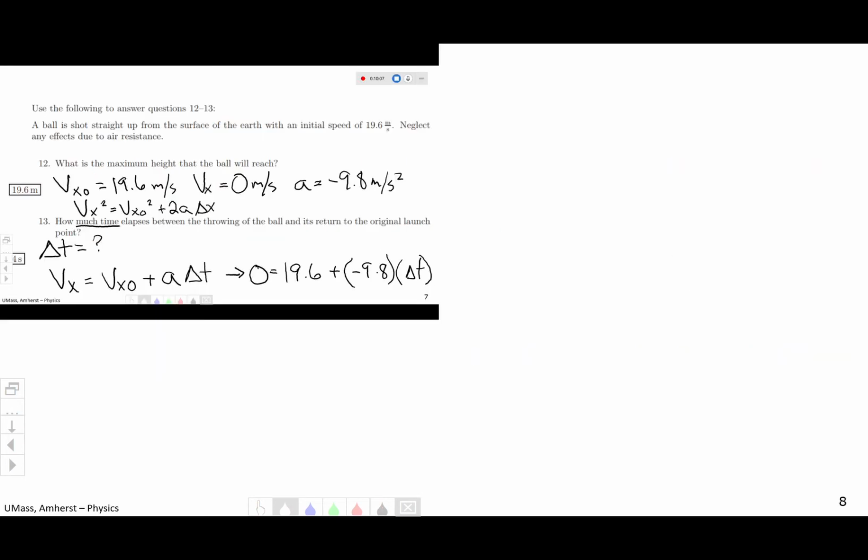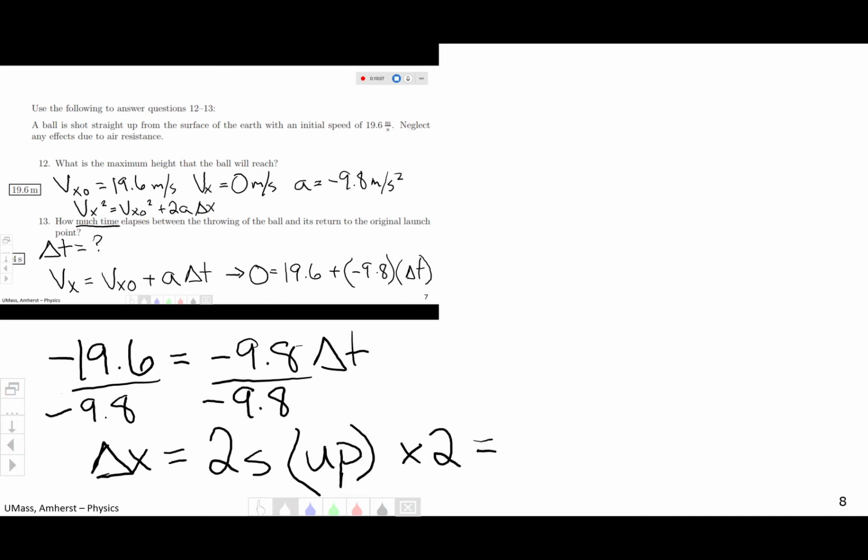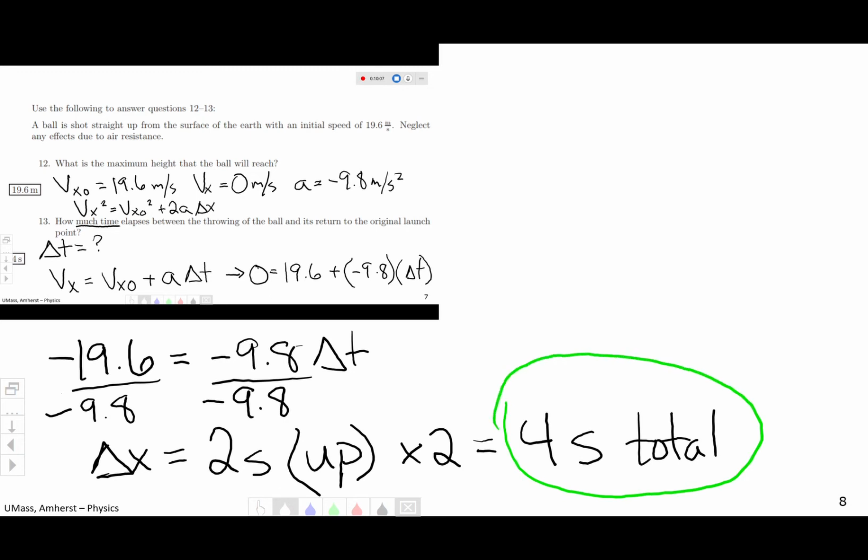If we continue on, we end up with negative 19.6 equals negative 9.8 delta t. Divide by negative 9.8, and you end up with a delta t of 2 seconds. So that is for the up portion, times 2 equals 4 seconds total for the up and down portions. So there's that answer.